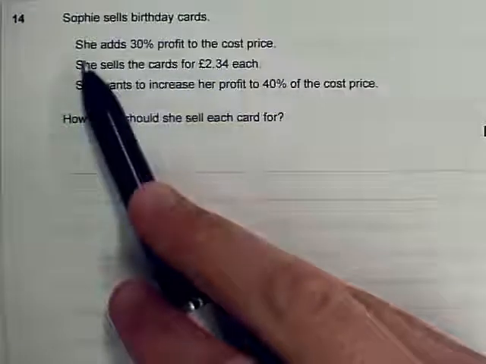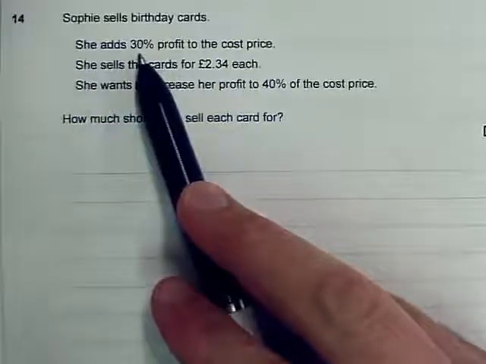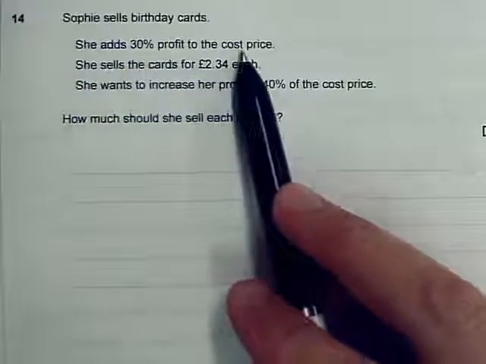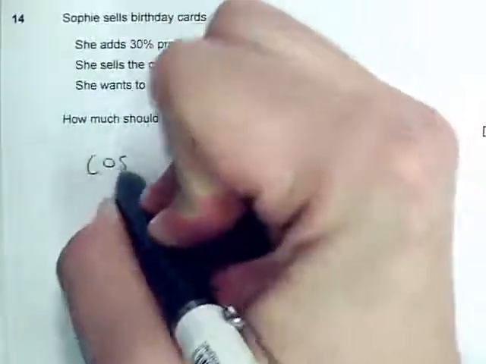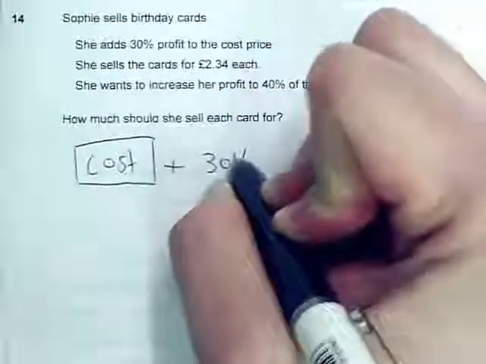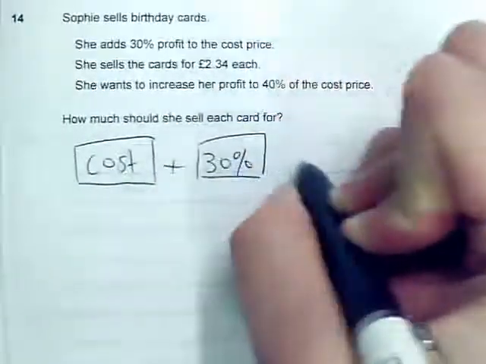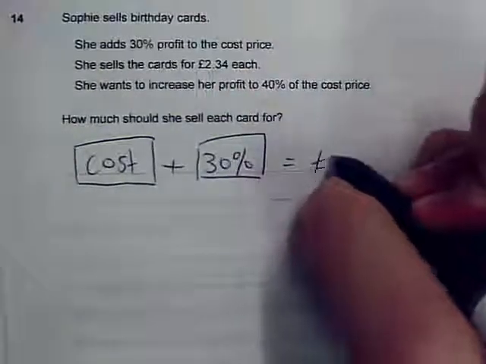So what we should appreciate is that because she adds 30% to the cost price, the cards would be the cost price, add on 30%. That is what the £2.34 represents.